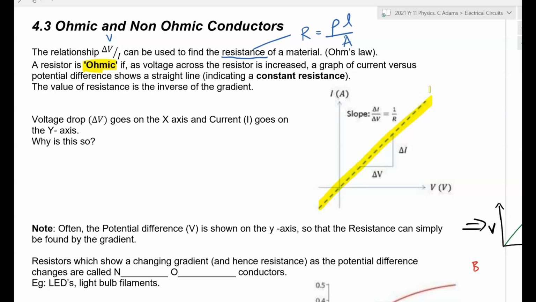If we did a graph of current versus potential difference, and whenever we talk about a graph, the one you mention first is the Y, the one you mention second is the X. So current versus potential difference gives us a graph you can use to calculate the resistance, but the resistance is the inverse of the gradient.